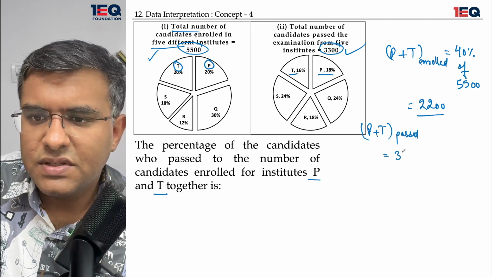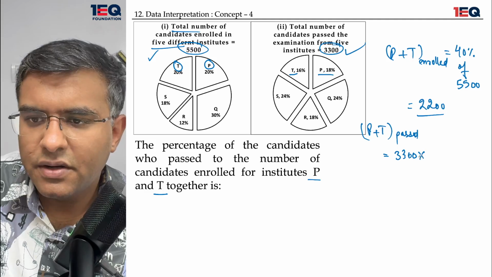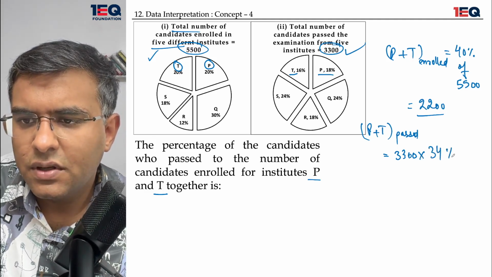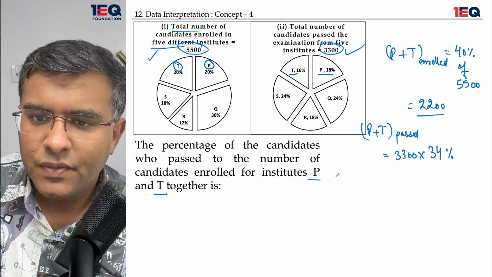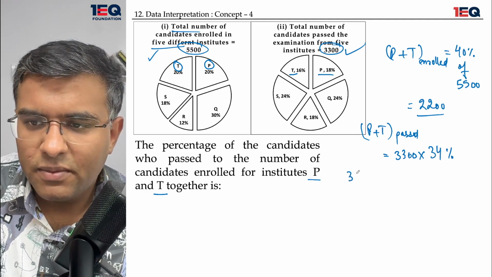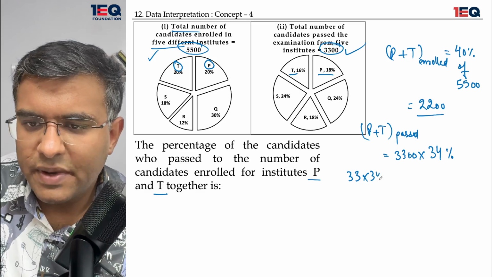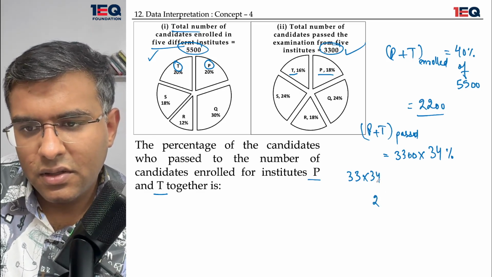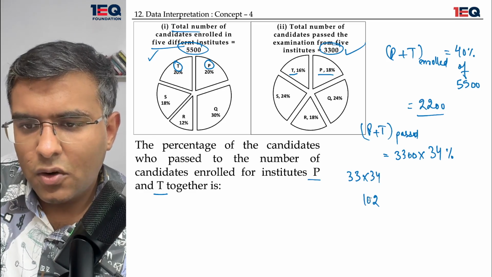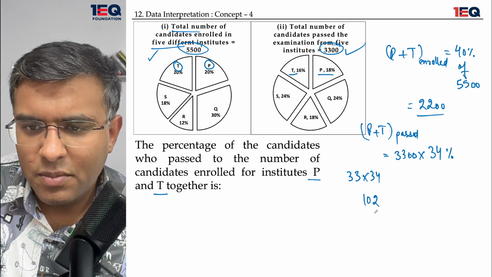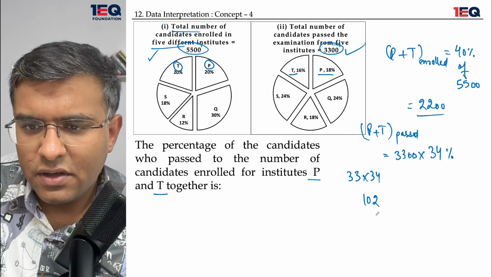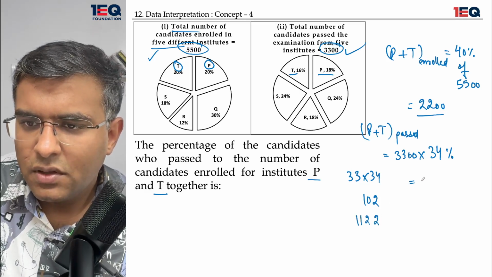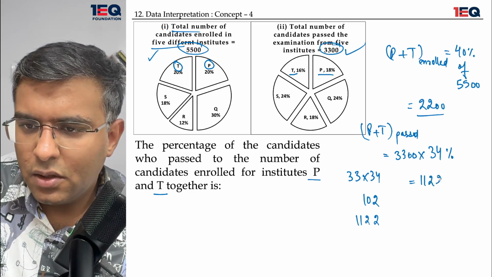Total number of students is 3,300. Out of 3,300, P and T together have 34% students who have passed. So now 33 multiplied by 34 is my answer. 3 4s are 12 and another 3 3s are 9. So 102. 102 when multiplied by 11 gives 11 2s are 22, 11 1s are 11. So this answer would be 1122.